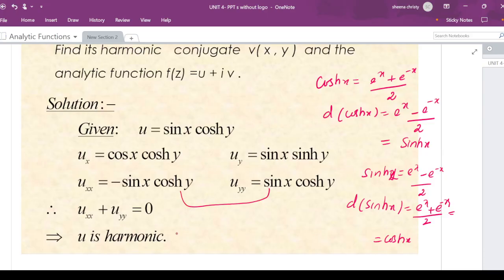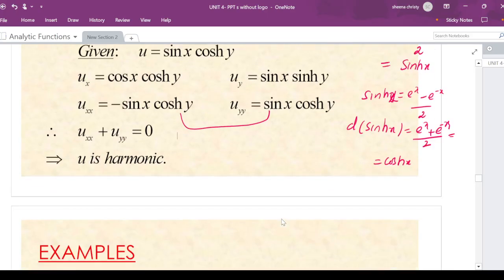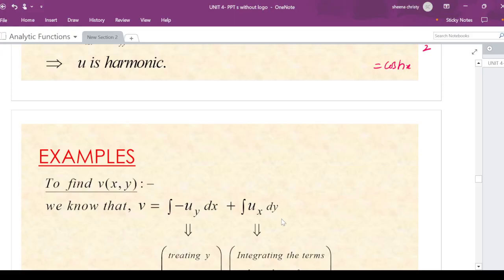Therefore, u is harmonic. So, you can find out the conjugate harmonic of u, which is v. To find v, we are going to make use of the total derivative formula. So, v equal to integral of minus uy into dx plus integral of ux into dy. In this term ux, you should not consider any x terms.